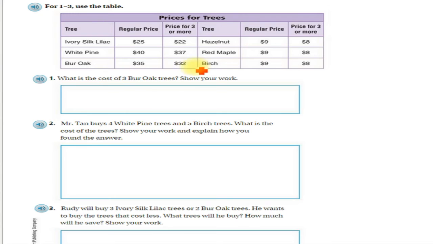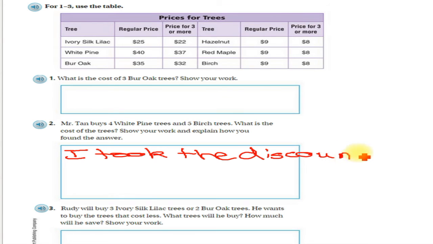Well, I took the discounted price of the white pines. This is going to be sloppy, but it's the best I can do. Again, I hope I get better at this as I go.